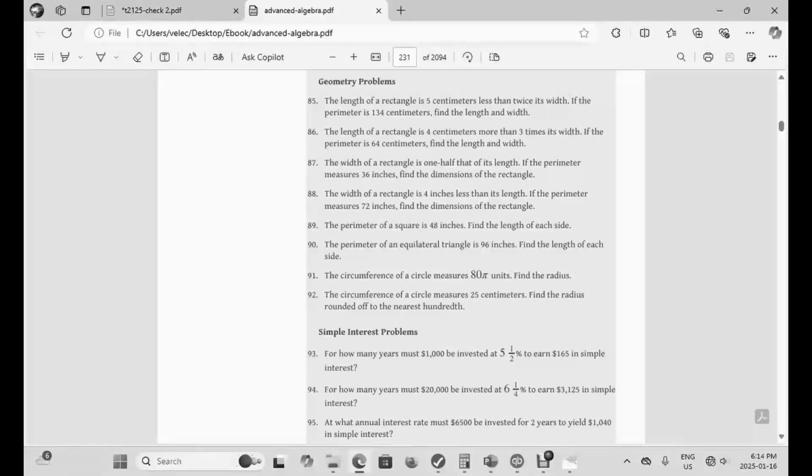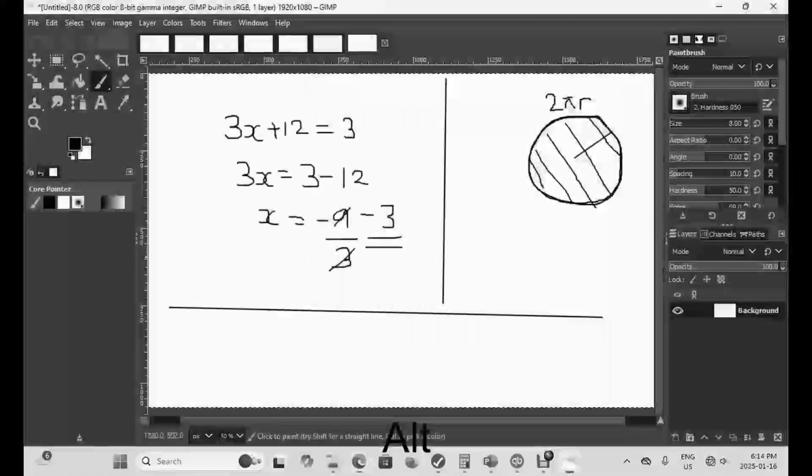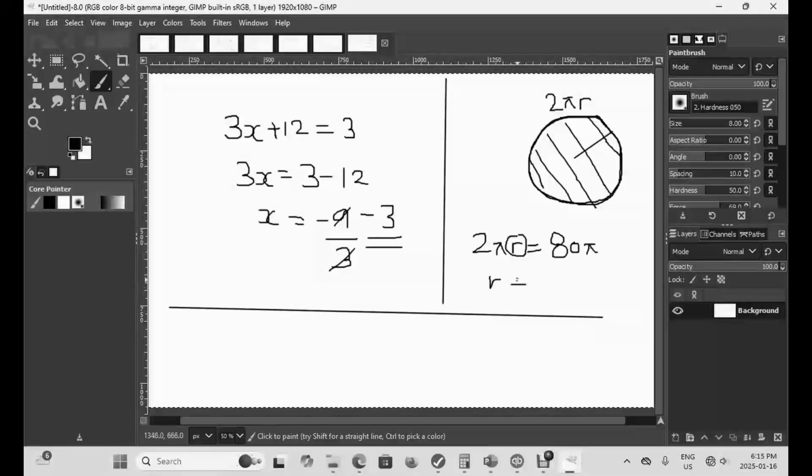So we know that 2 pi r equals 80 pi. In order for you to solve for r, you will need to isolate r. So r equals 80 pi over 2 pi.